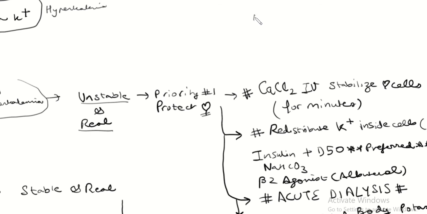How do I get potassium to go from outside the cell to inside the cell? When I am getting ready for a fight, okay? And I get ready for a fight if I have a lot of insulin, if my pH is high, and if I invoke my beta 2 receptors, which bronchodilate me.